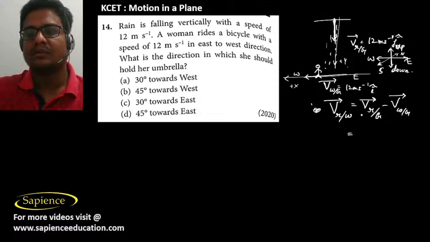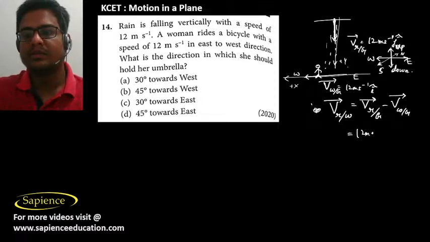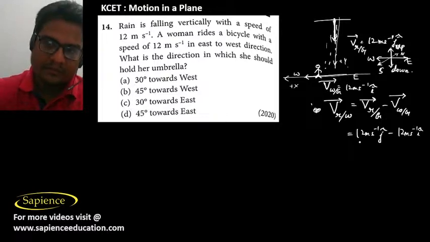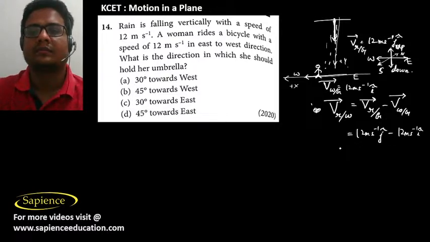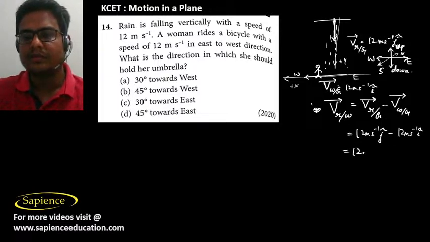So that will be equal to 12 meter per second j cap minus 12 meter per second i cap. So that will be equal to 12 into j cap minus i cap meter per second.